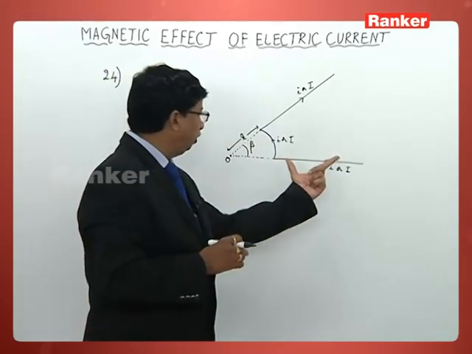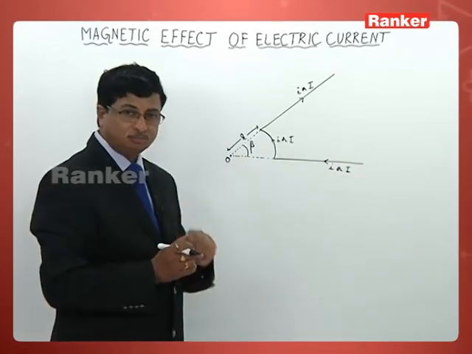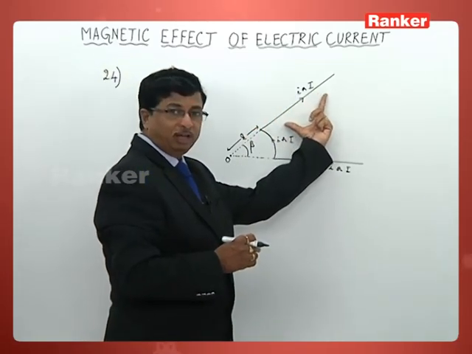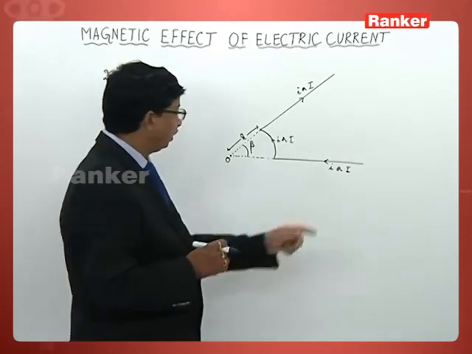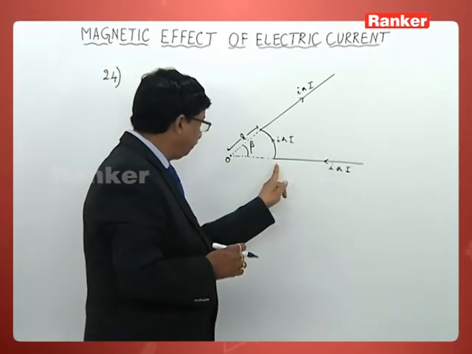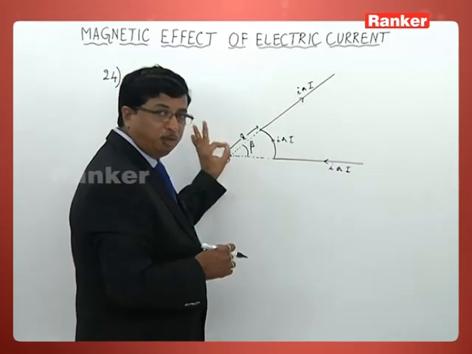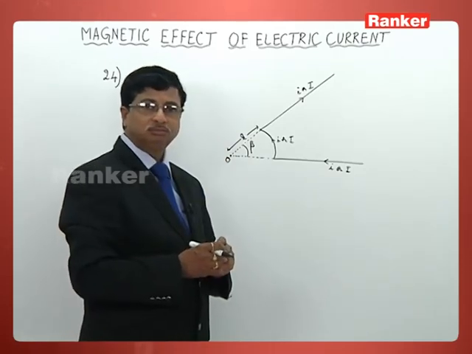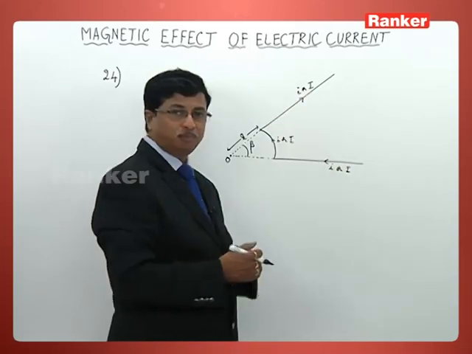So the magnetic field produced due to this portion carrying current I at the point O will be 0. So the current passing through this part and this part will never produce any magnetic field at this point O. So you need not calculate anything about this part and this part now.